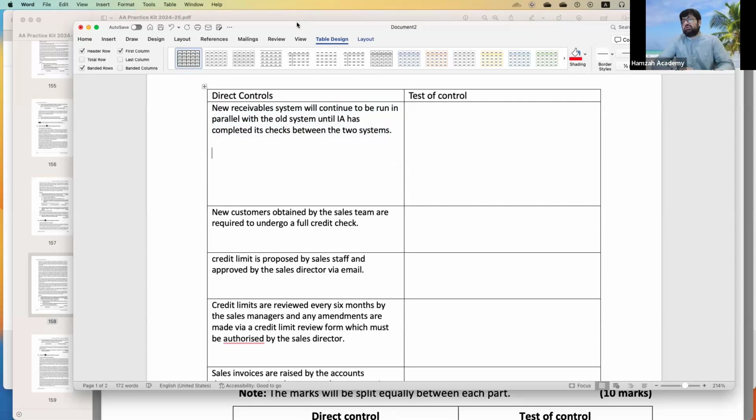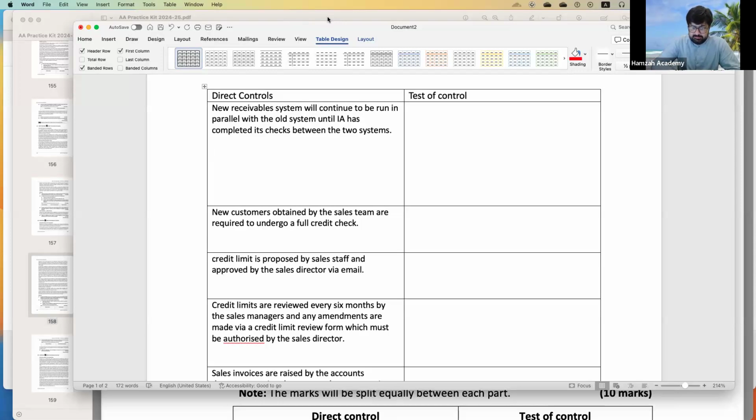What is the explanation of this point? What is the benefit?